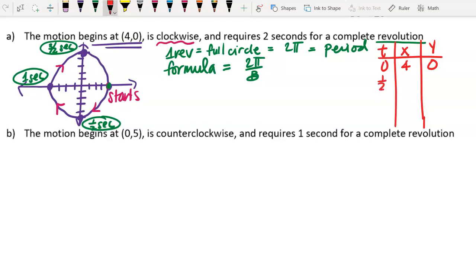Half a second later, yep. What is x and what's y? 0 and negative 5. Good. What's the next time frame? 1. What's x? What's y? And then next time frame is 3 over 2 seconds. X is. Y is. And then we're back to where it started at 4, 0.